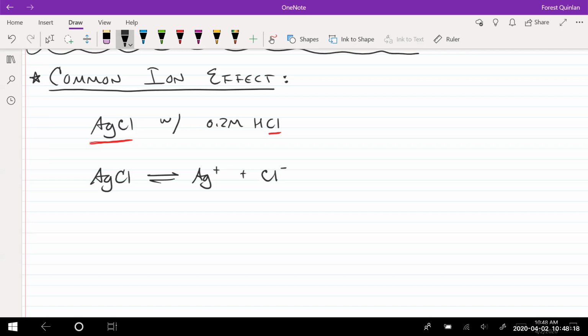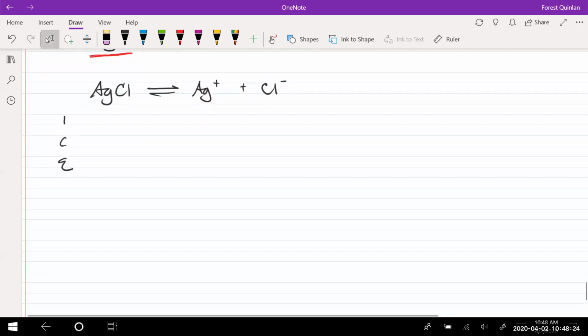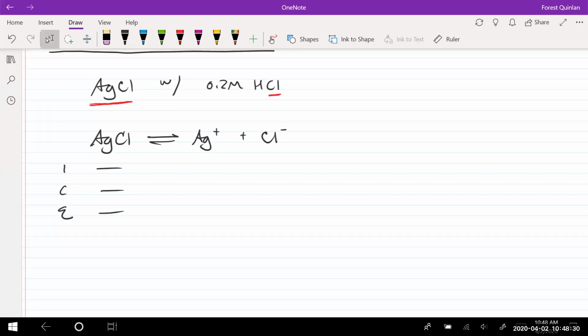Now, if we were to set up an ICE table like we normally do, once again, the AgCl just doesn't matter. Given our situation that we have right here, what are our initial concentrations of Ag and Cl? I'm going to go with Celeste.